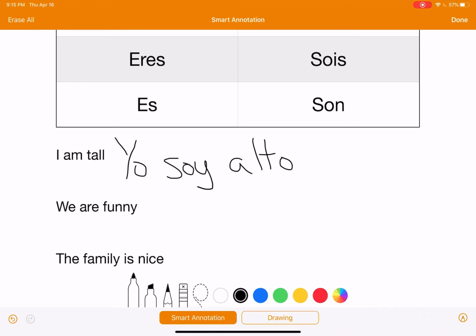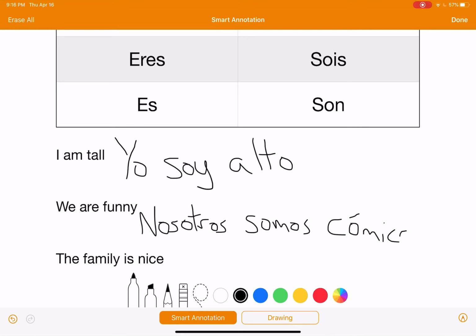Now for the next one, we are funny. So for we are, we have nosotros somos. Okay. Our adjective for funny is the word cómico. All right, so we have cómico. Now, does cómico here, does this match nosotros?